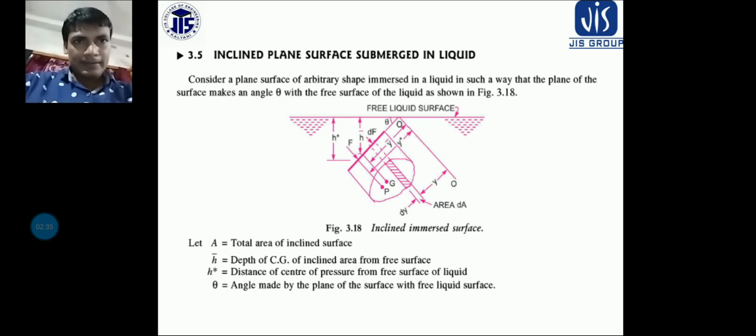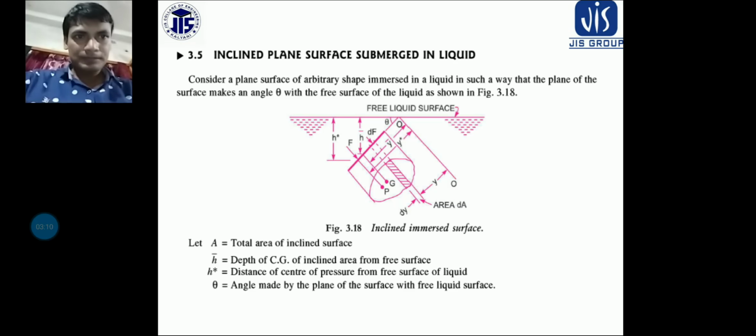In the case of the inclined plane surface, let us consider the given figure. The plane surface is inclined with respect to the free liquid surface. Now I am going to discuss what the force is and what the center of pressure is. The body is inclined, making an angle theta with the free liquid surface.